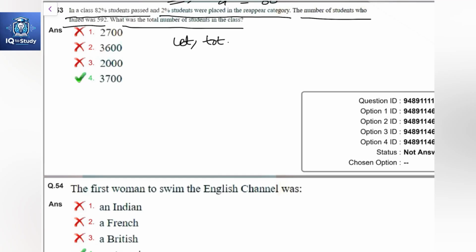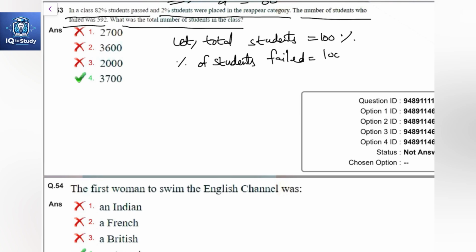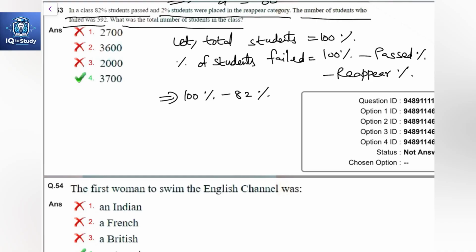Let total students be 100%, and percentage of students failed is equal to 100% minus passed percent minus reappear percent, which implies 100% minus 82% minus 2%, which implies 16%.